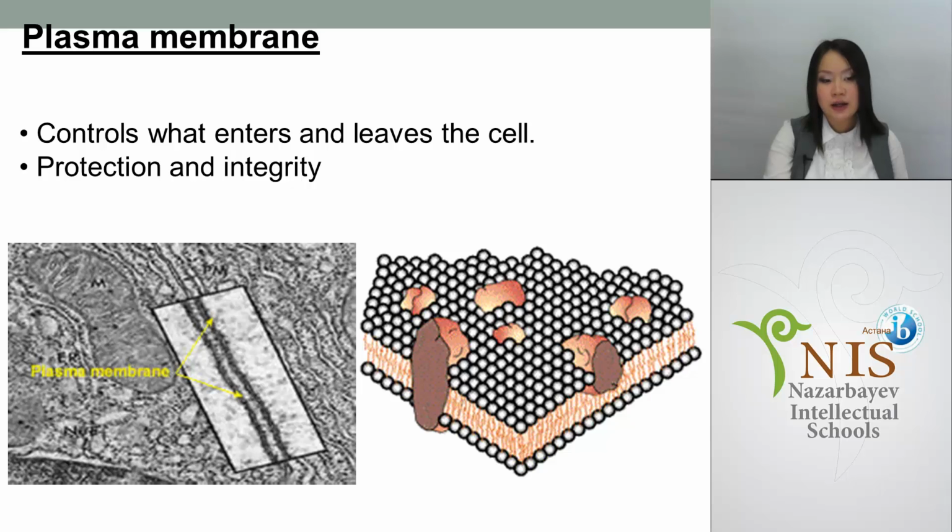If you look at the plasma membrane, it divides the cell from the outer environment, or in multicellular organisms it divides one cell from other cells, and it controls what will enter and leave the cell. The function of the plasma membrane is very, very important.